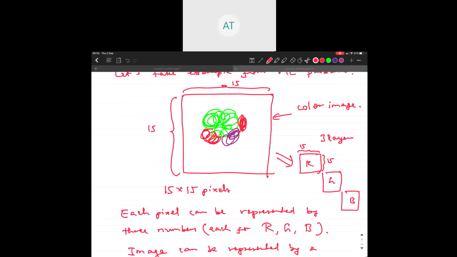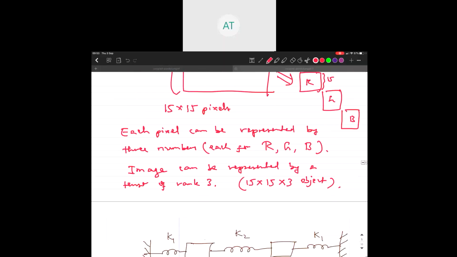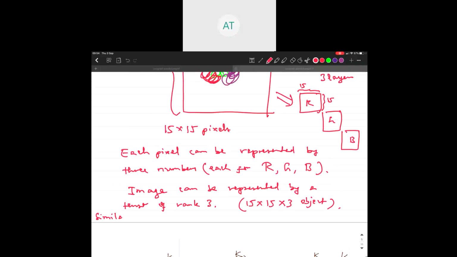This was a color image. Now suppose you want the same quantity as a function of time, say for a video, right? Then time would be the fourth quantity. So similarly we require a rank 4 tensor for videos. The fourth index is given by the time index.